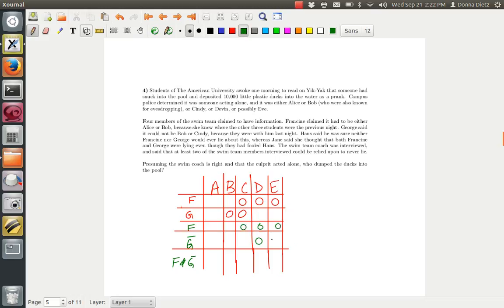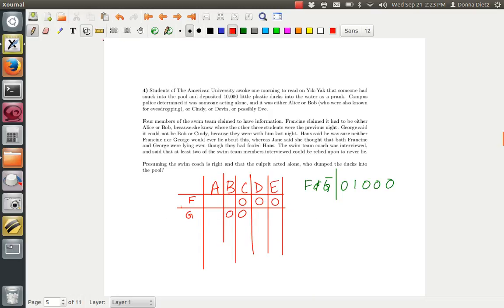Not G is all the blanks become innocent, and the only possible guilty parties are the ones that G exonerated. So what do we get if both of these are true, then these are all exonerations, and then this one's guilty. So F and not G looks like this, 0, 1, 0, 0, 0. I'm just going to leave that there for reference so I have room to do the other scenario.